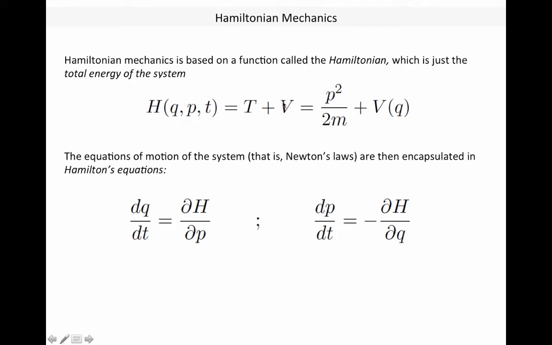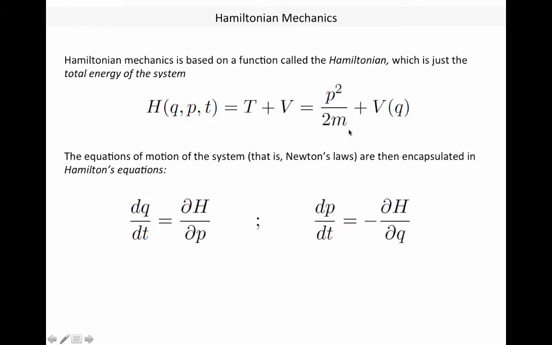If it's a single particle, it's just the energy of that particle. So that's going to be equal to p squared over 2m, the kinetic energy, plus the potential energy, and that's going to depend on the particular problem we're looking at. If there are no forces acting on the particle, there's no potential energy, and V is equal to 0. If the particle is in a gravitational field, then V is just the gravitational potential energy of the particle.